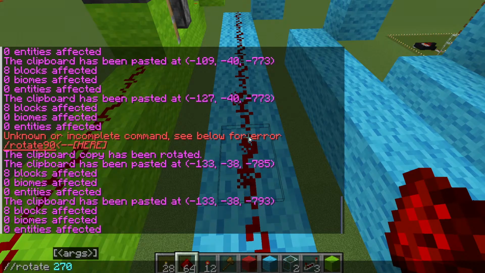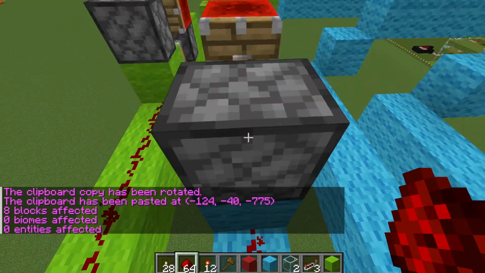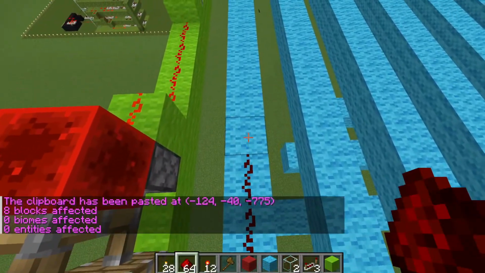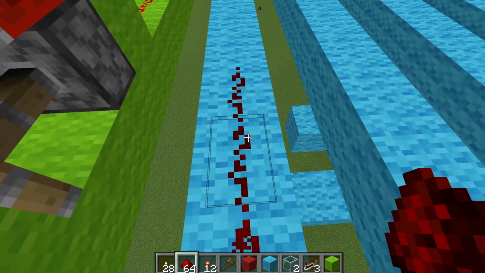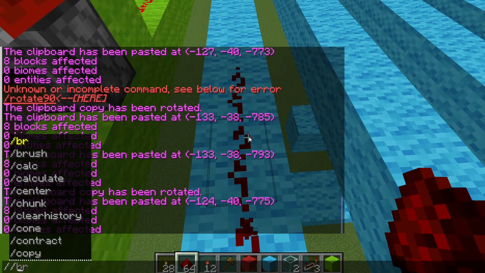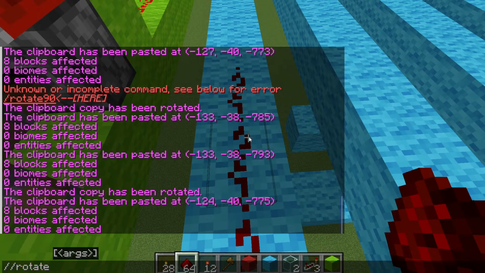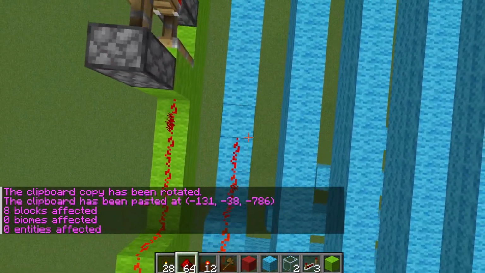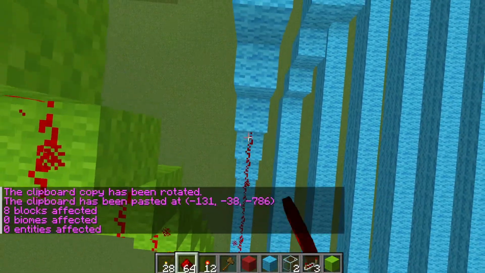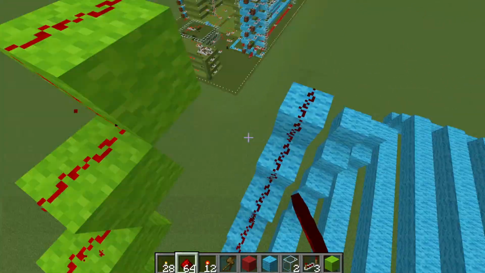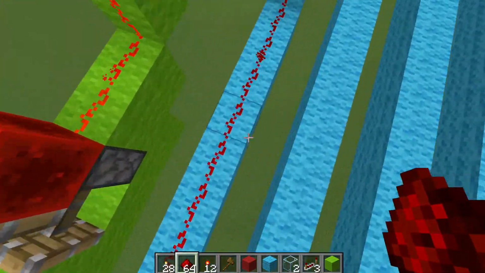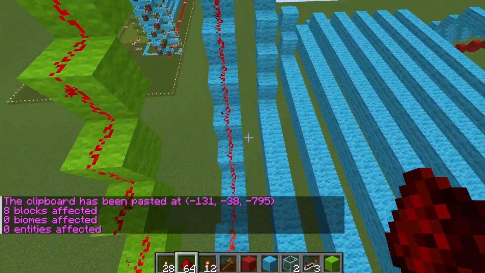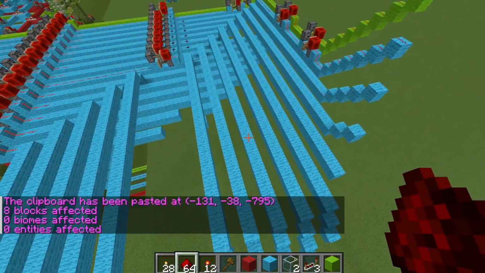Rotate 270, paste. Right. It's going to be a bit random.